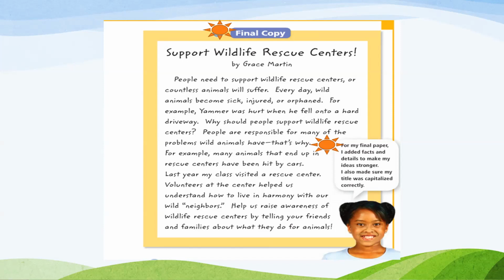animals. Okay, as you can see, we can identify our idea. Remember, our idea must be negative or positive, but not both of them. Okay, we need to establish clearly our idea. In this case, as you can see, people need to support wildlife rescue centers or countless animals will suffer.